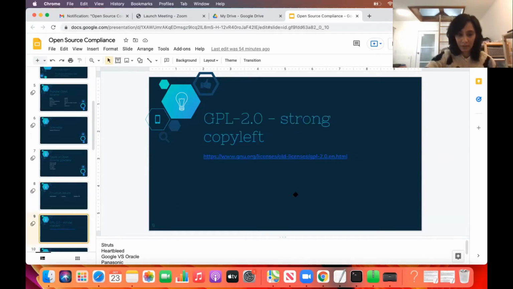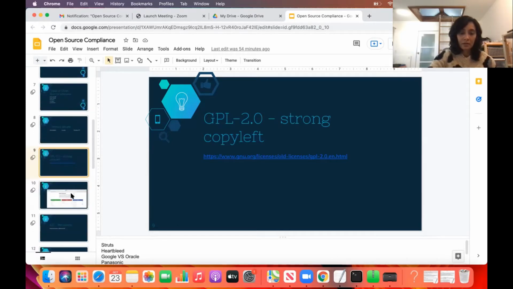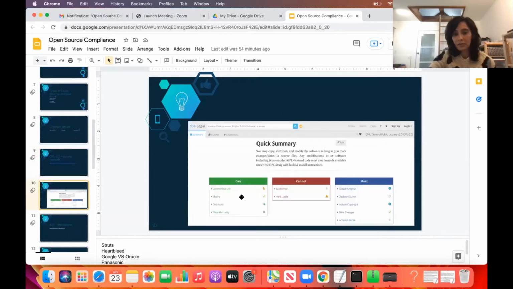So let's dive into one of the strong copyleft licenses, the GPL 2.0. The most popular one is the Linux kernel, right? So here I put this website, which is called TLDR Legal.